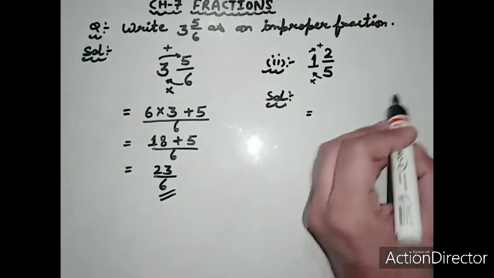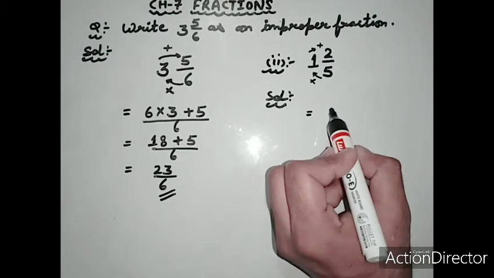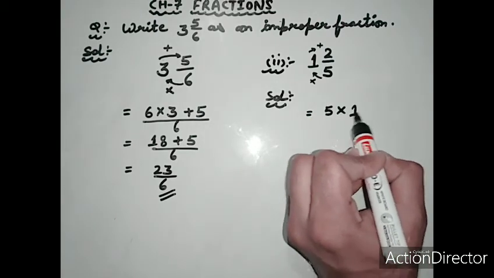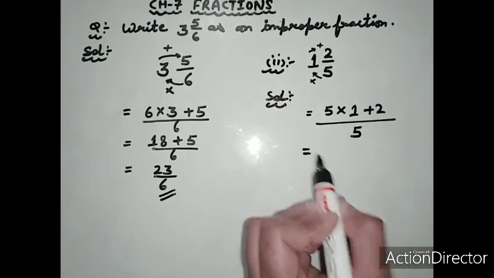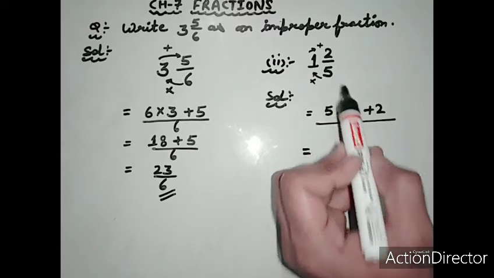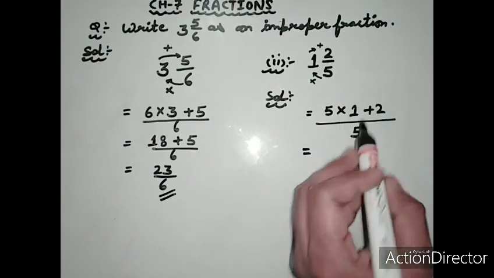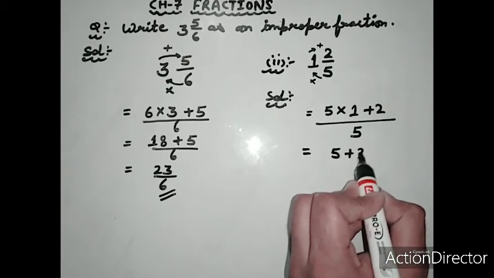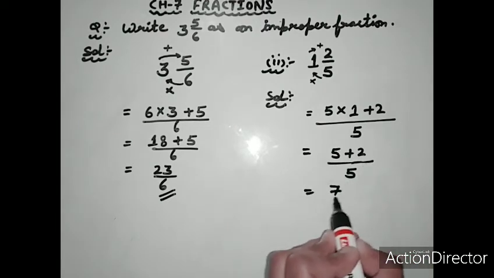The whole process is 5 multiplied by 1 plus 2 upon 5, because 5 is the denominator. 5 ones are 5, plus 2, is 7 upon 5.